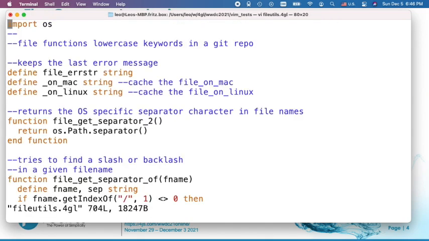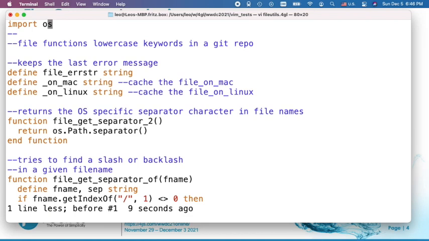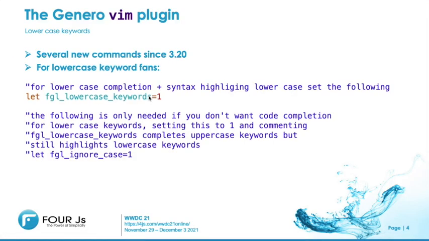And again, my file, still the lowercase keywords are syntax highlighted, but if I now insert a keyword, then it's shown in uppercase. So that is the purpose of the flag. Switching back.